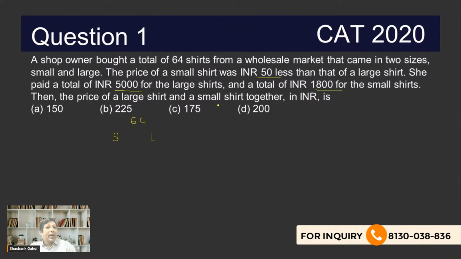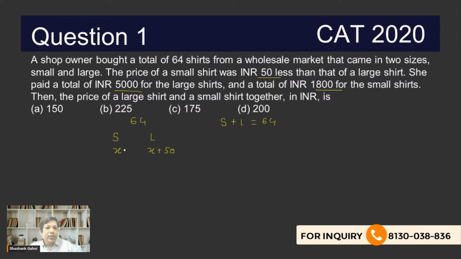Okay, we have multiple equations, we have multiple variables. Now what are the equations we have, what are the variables we have? Let's get into it. So my first equation: I have S small shirts and L large shirts, and total shirts should be equal to 64. Now let's say the price of a small shirt is X, then the price of a large shirt should be equal to X plus 50, right?